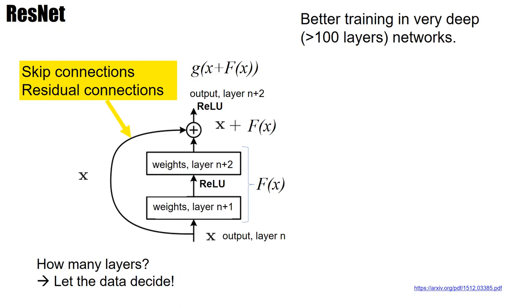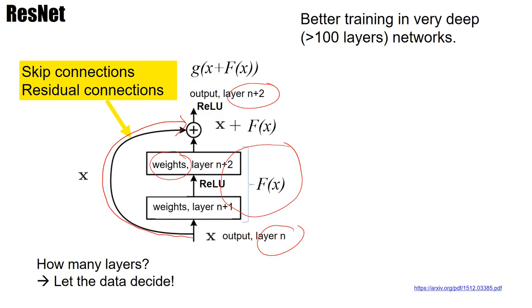And the idea is now that we have skip connections that make a direct connection from layer n to layer n plus 2. And here are weights. And now you can imagine that we set all these weights to 0. And then there is not this extra transform f of x. It's just a direct copy from layer n to layer n plus 2. So there's no extra layer.